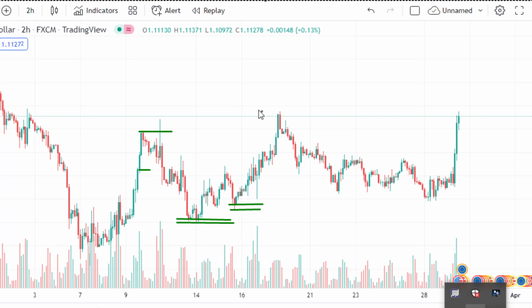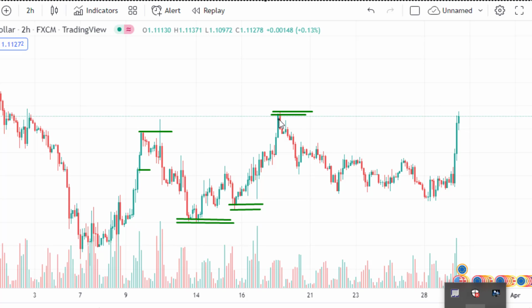for the resistance level. Okay, I'm showing here. This is the point. From this point, after the closing of this candle, the next candle again fell down. So this is the rejection point. So this area we can call a sellers area and a resistance.